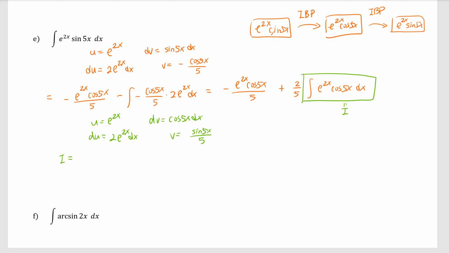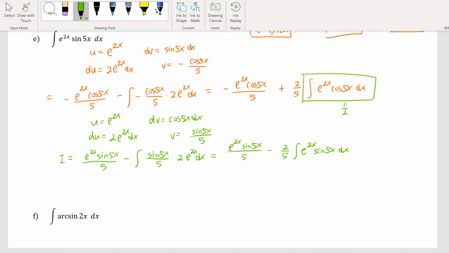So the integral I is uv minus integral of v du. So it's e to the 2x sine 5x over 5 minus 2 over 5 integral of e to the 2x sine 5x dx. Now let's plug it back.